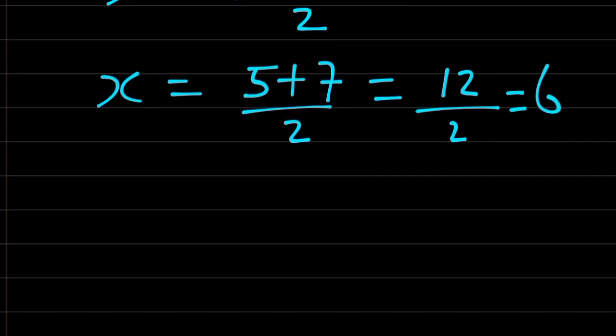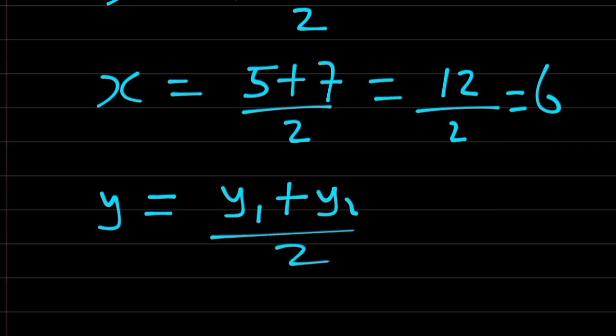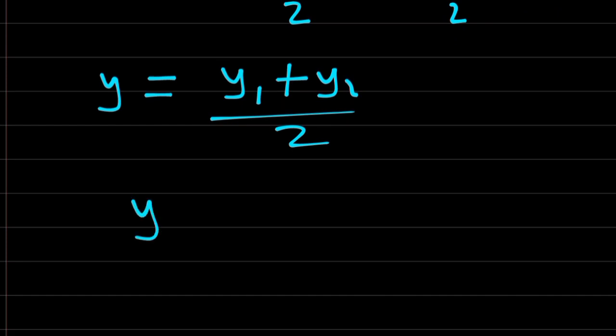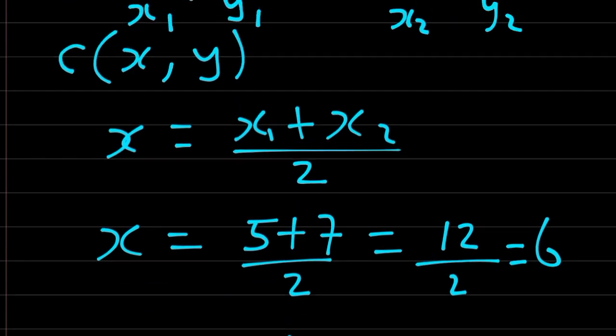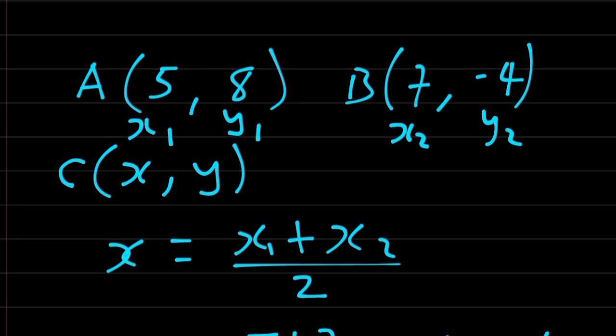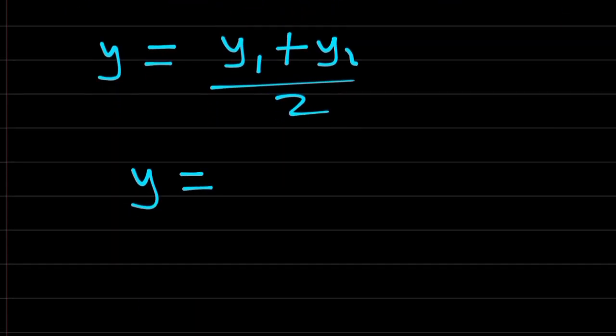So we repeat the same process for y. y is equal to y1 plus y2 over 2. Therefore, y is equal to, what is my y1? y1 is 8 and y2 is minus 4. So we have 8 plus minus 4 over 2.